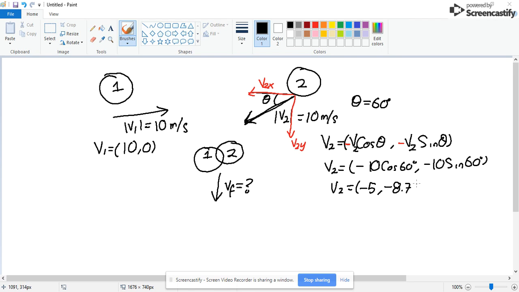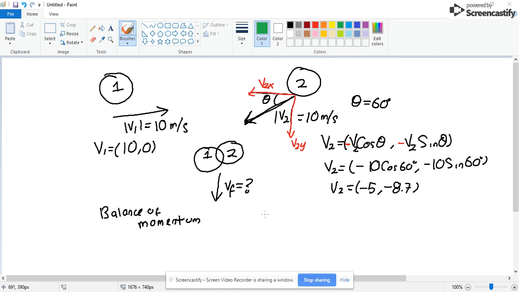Okay, now I have the components of the two arrows, V1 and V2. What we need to do next is a balance of momentum, but we want to do this twice because we have two directions, x and y.